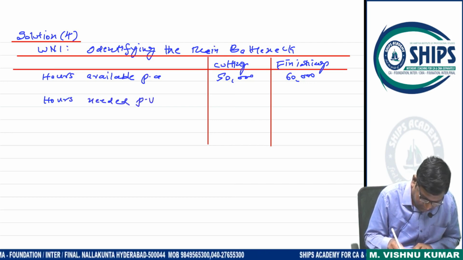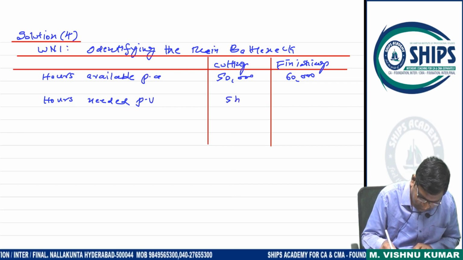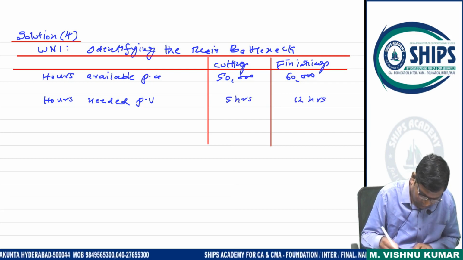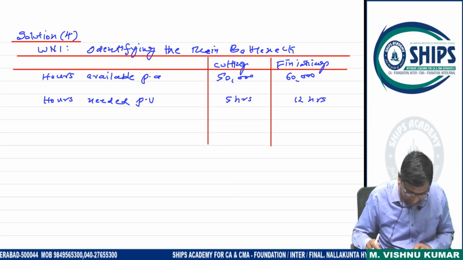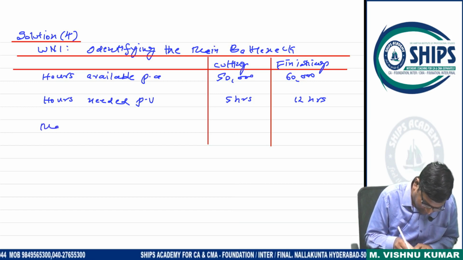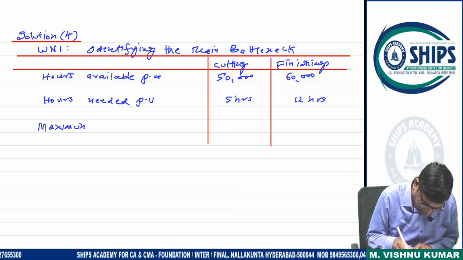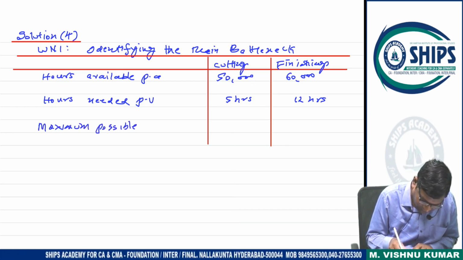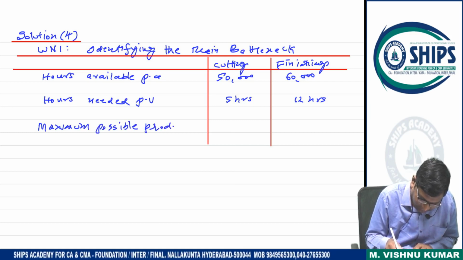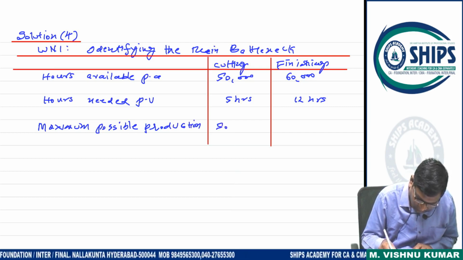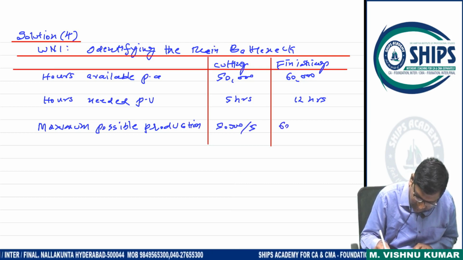Hours needed per unit. So how many units can they produce? Maximum possible production: 50,000 by 5, 60,000 by 12.